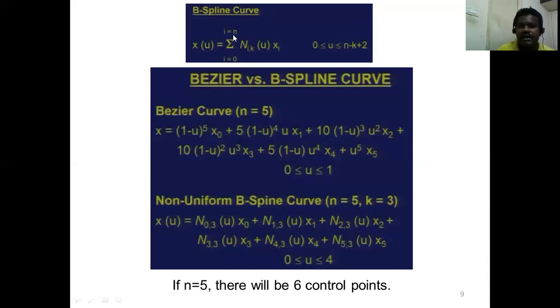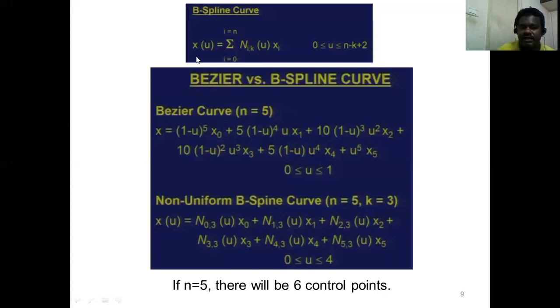In this case, n is equal to 5. So you substitute i equal to 0, N_{0,3}(u), and this will be x0, I value will be 0. Now the i value is incremented, N_{1,3}, the k value is 3, it is a user defined value, and this will become x1. Likewise, you can write this expression.